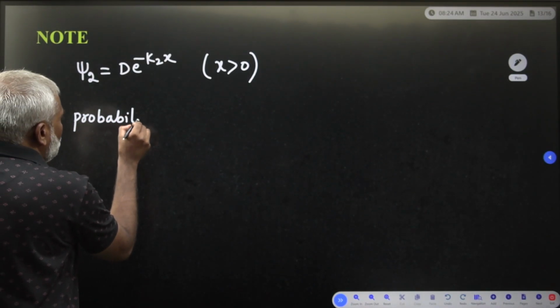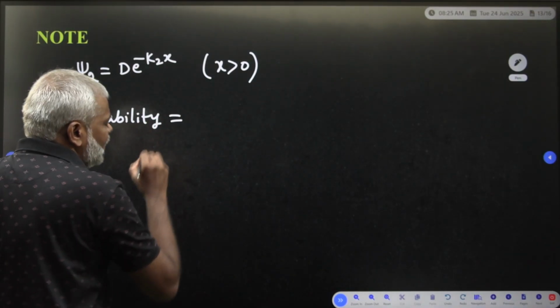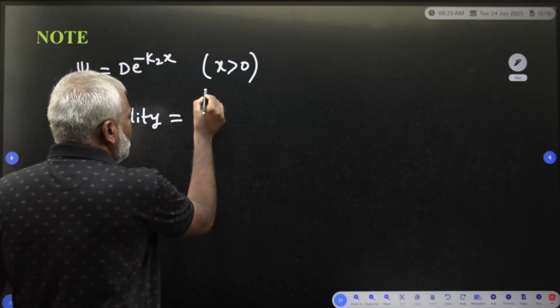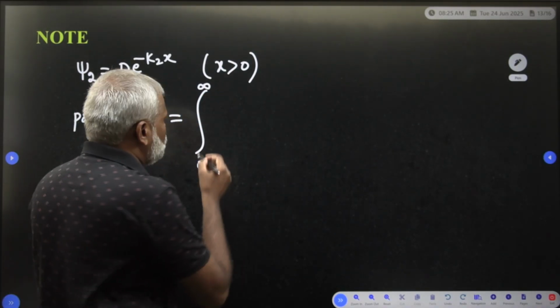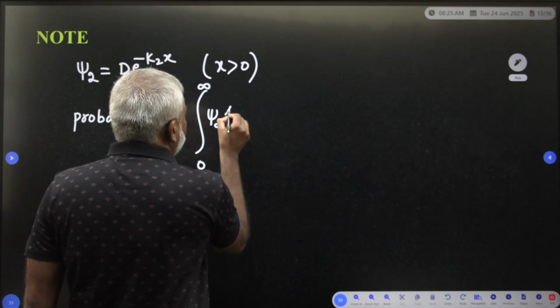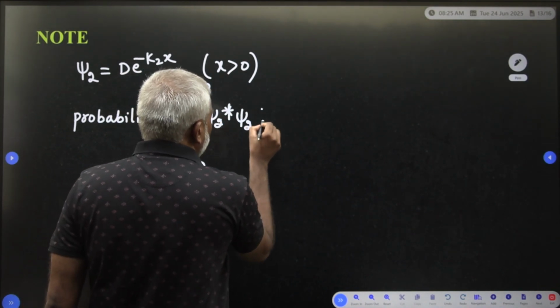So what is the probability? How do we calculate it? The probability is the integral from 0 to infinity of ψ2 conjugate ψ2 dx.